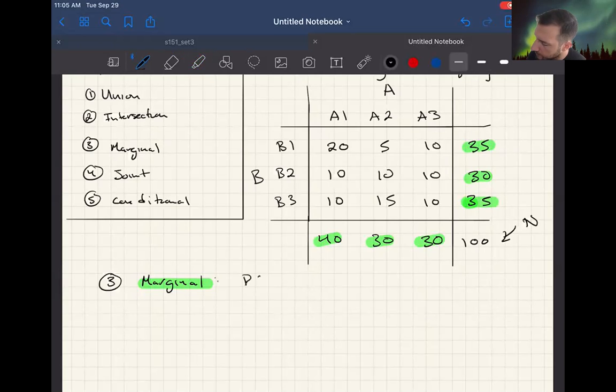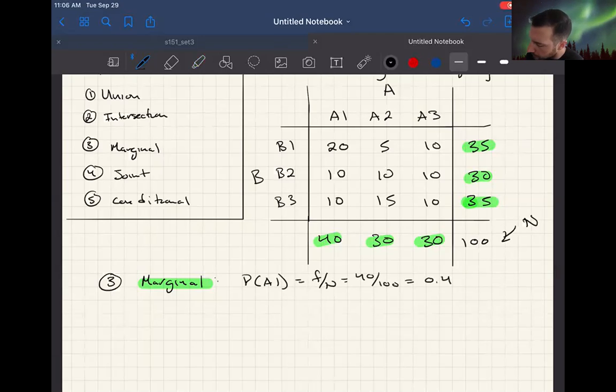So we can write this as probability A1. This is going to be little f over capital N, which is 40 over 100, which is 0.4. Probability B2, little f over n, which is 30 over 100, which is 0.3.